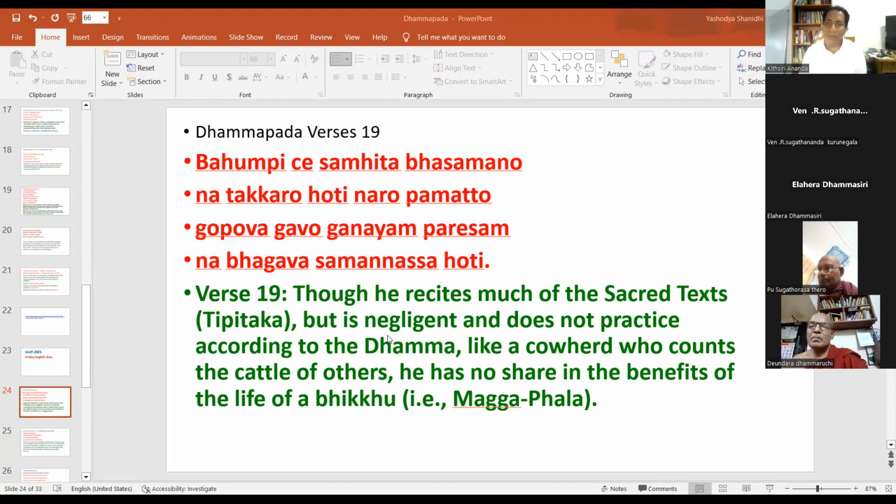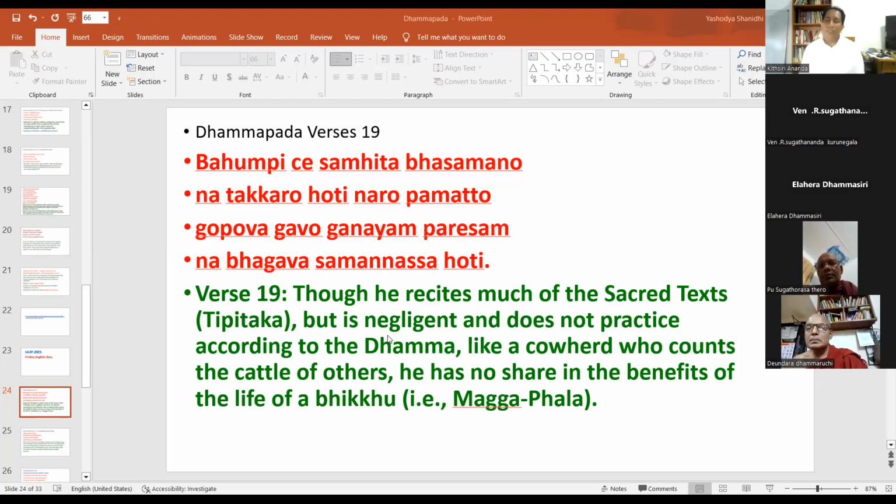Though he recites much of the sacred text, he is negligent, doesn't care about the sense or the real meaning, and does not practice according to Dhamma.